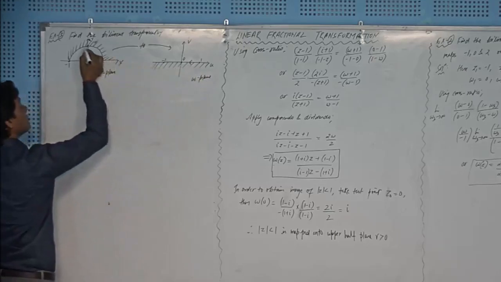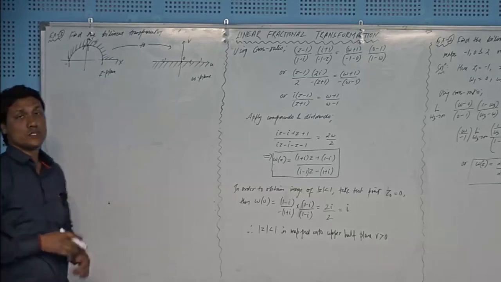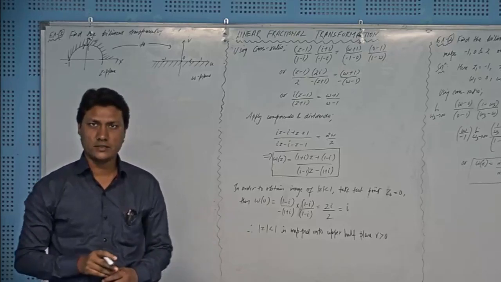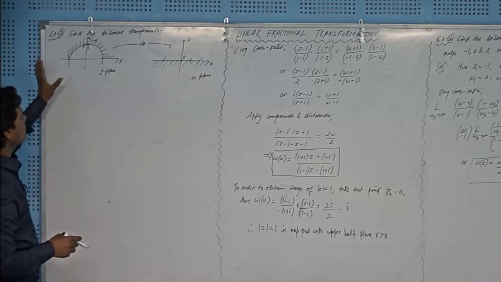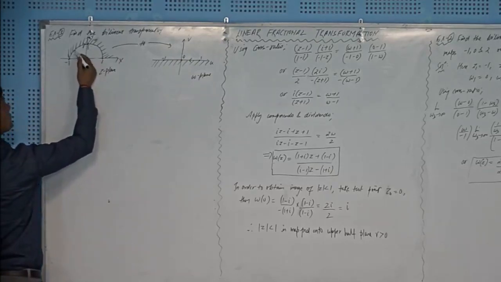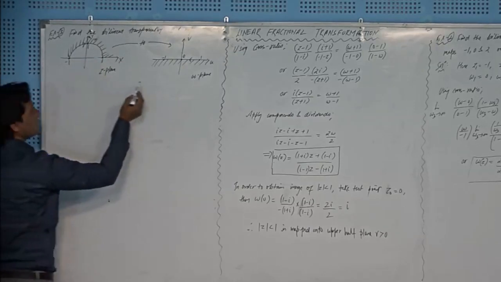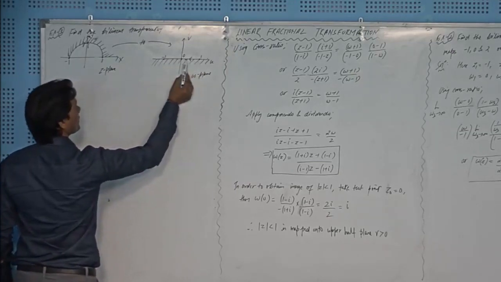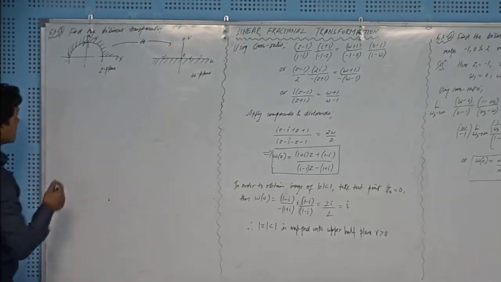You should take the order of the points Z1, Z2, Z3, and similarly W1, W2, W3, such that the shaded region is always on your left, or it is always on your right. So I have taken that the shaded region should always be on my left, and that's why this should be Z1, Z2, Z3, because my direction of traversing is this way, clockwise, right? And in this case, the direction of traversing the U axis should be in the negative direction of U axis, so that the shaded region falls on your left, right?